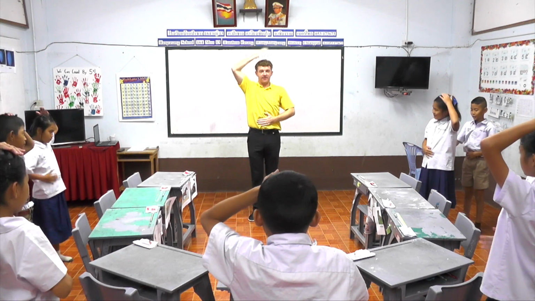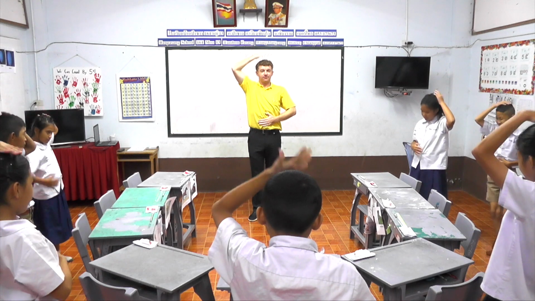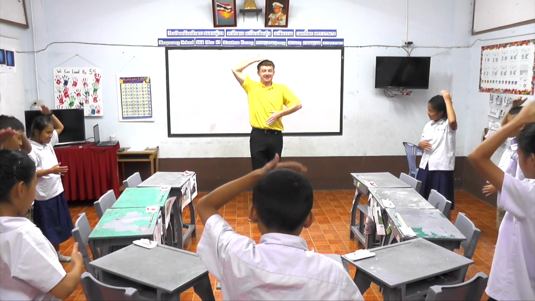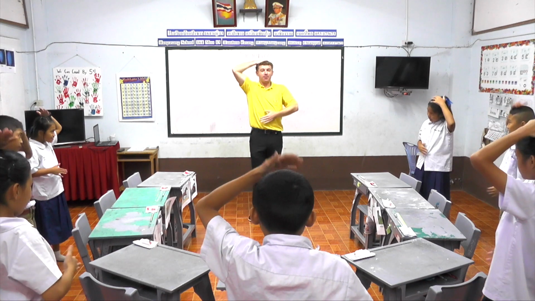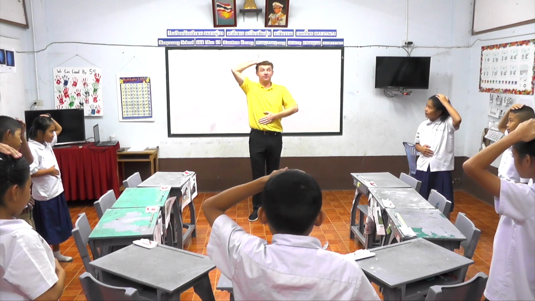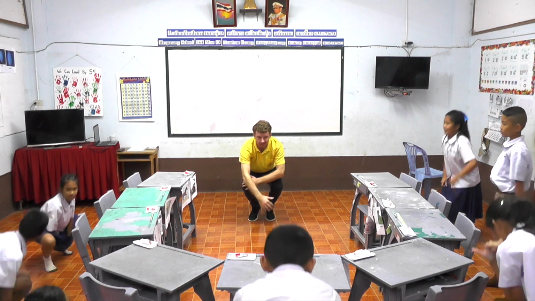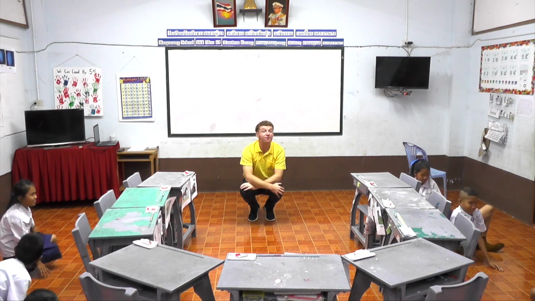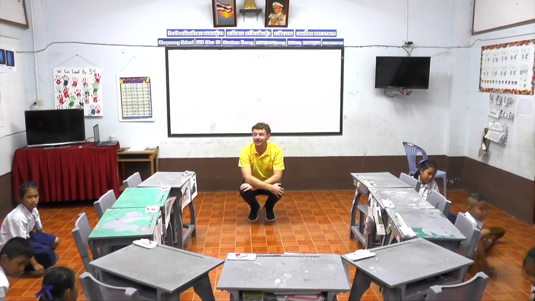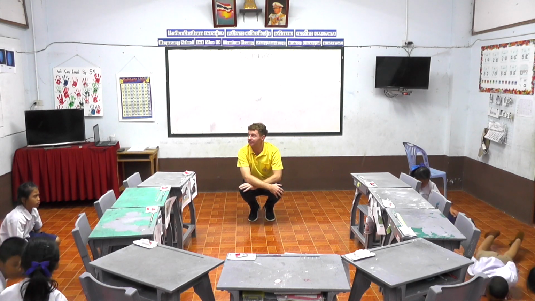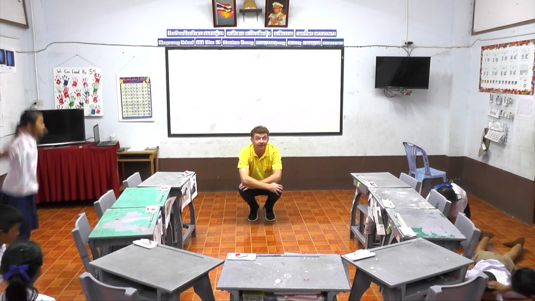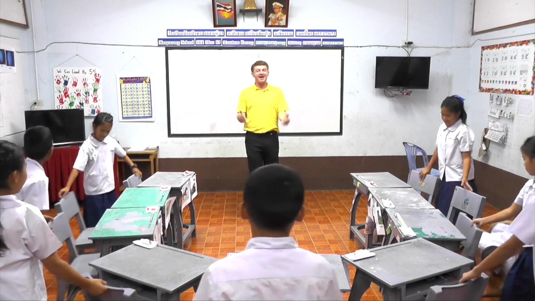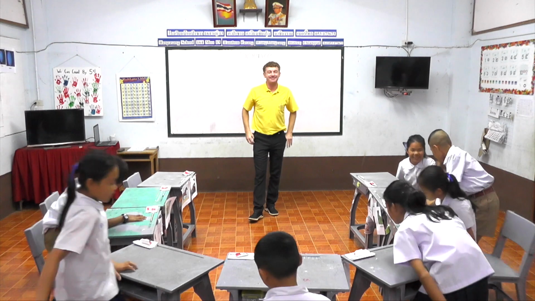Teacher says, pat your head. Teacher says, rub your stomach. Teacher says, stop. Teacher says, down into a little ball. 5, 4, 3, 2, 1. Teacher says, jump. Excellent, guys. And teacher says, please sit down.